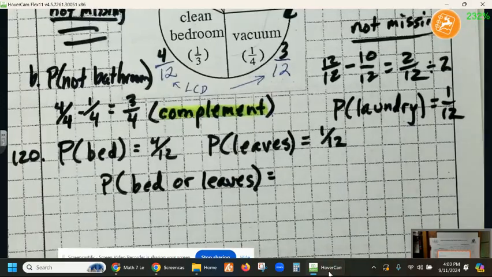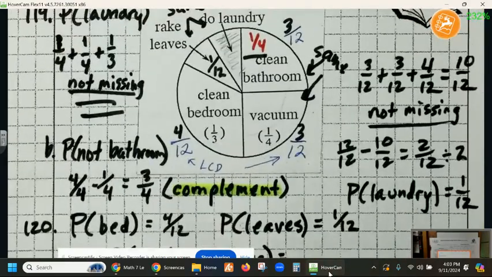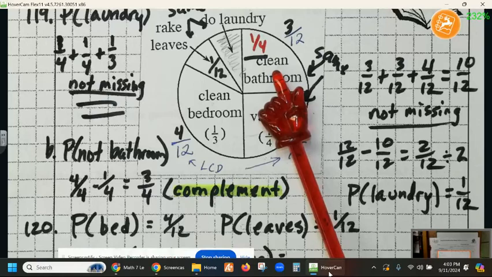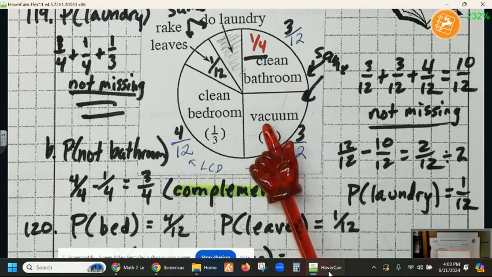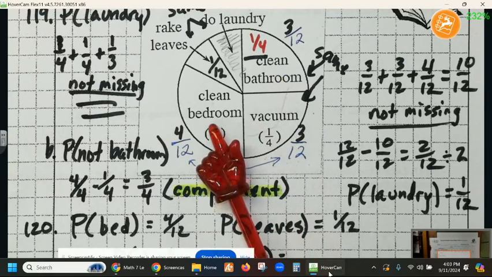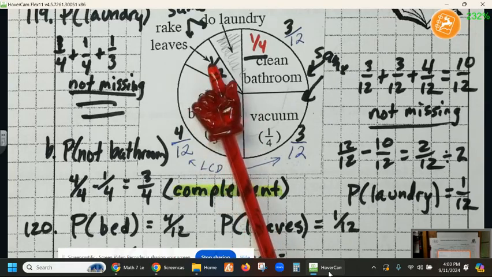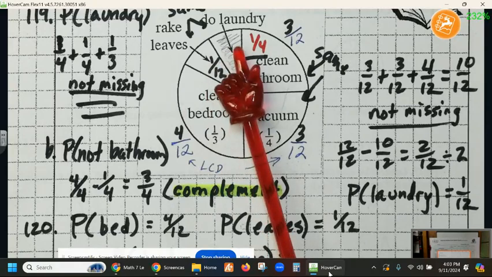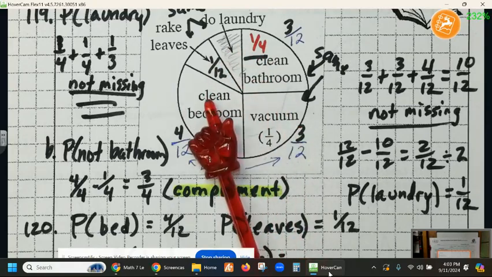In order to find that out, let's look at what that means. If I spin the spinner and I land here, am I cleaning the bedroom or doing the leaves? No. If I land here, no. If I land here, am I doing the bedroom or raking the leaves? Yes. On this side of the spinner, yes. And that side, no. So all three of these are a no, but that one and that one are both yes.